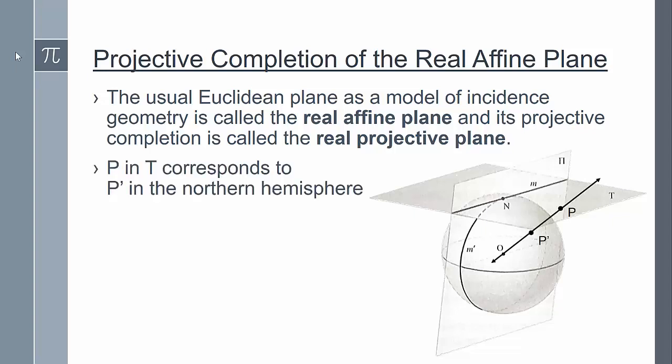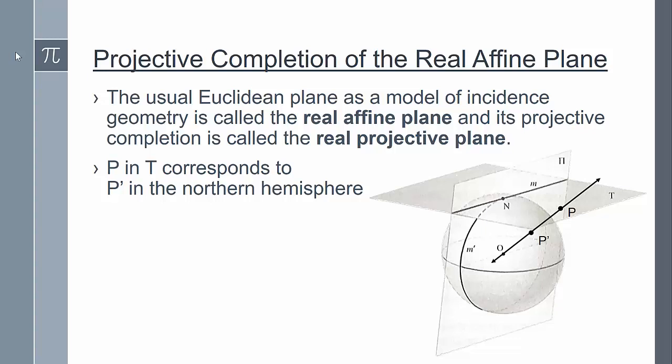So we have a point P in T. It's going to correspond to a point P prime in the northern hemisphere. And the way we're going to correspond them is by drawing a Euclidean line that passes through the center of the sphere O and the point P in the Euclidean plane, and it's going to pass through exactly one unique point in the northern hemisphere. So we're going to call that P prime.